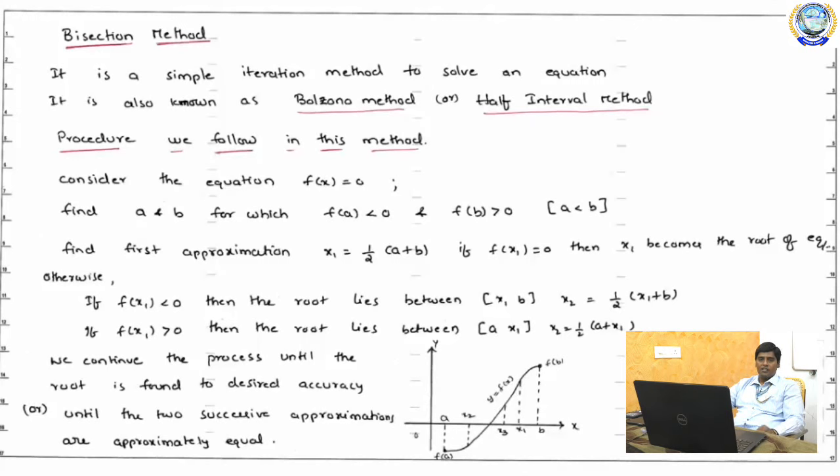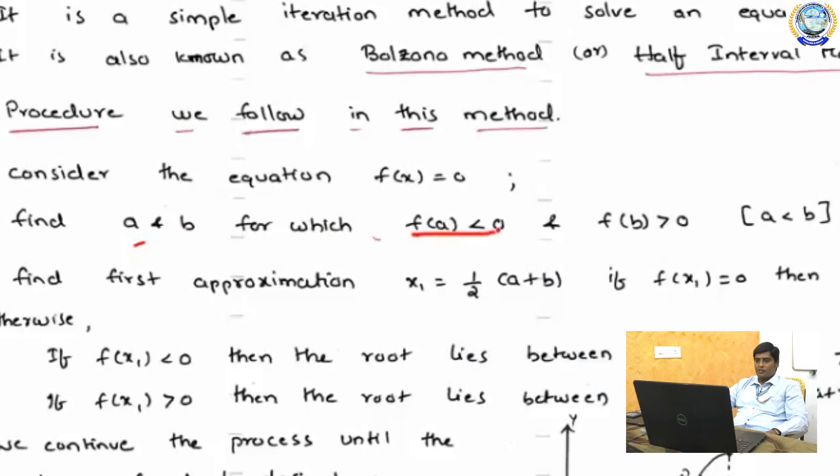In this method, we will consider an equation f of x equals 0. As previously said, we have to find two real values such that one gives a positive value and the other gives a negative value, such that f of a is less than 0, which gives a negative value for the function. Similarly, I will choose another real number which gives a positive value for the function, that is f of b greater than 0, so that I will find the root in between these two.